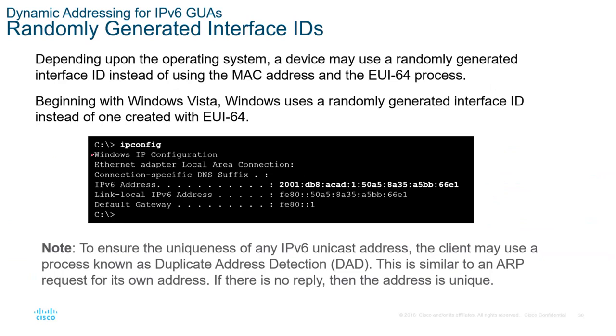Okay, so here, randomly generated interface ID, we have it here, because the other one was extended unique identifier, now we have randomly generated. Every time you enable IPv6, the link local address is automatically also enabled. So with this link local address, we have this and then this.